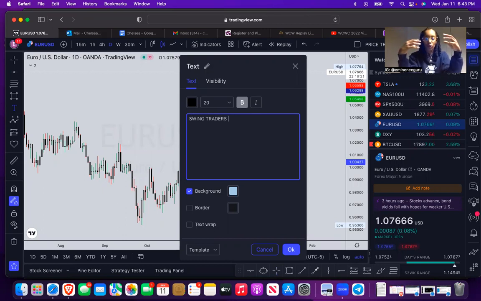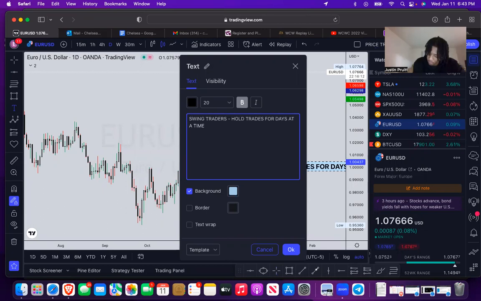Swing traders like to hold trades for days at a time. They look at higher time frames, such as the 4 hour, the daily, the weekly, and the monthly.